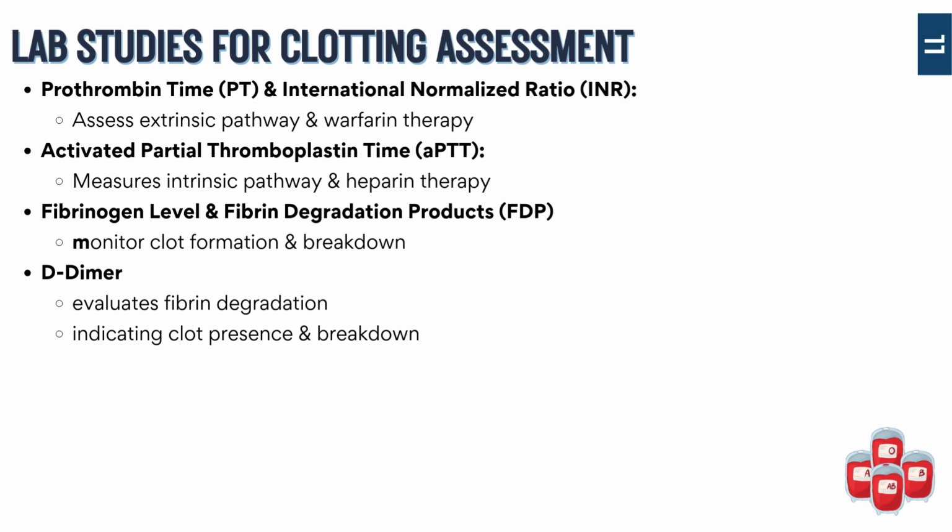So if you have those in your system, that means that your body has been breaking down clots for a while. An example of this is D-dimer, okay? D-dimer is measuring fibrin degradation products. So if you have an elevated FDP, D-dimer, fibrin split products, all the same thing, that means that you already produced a clot and now your body is breaking down clots, okay?